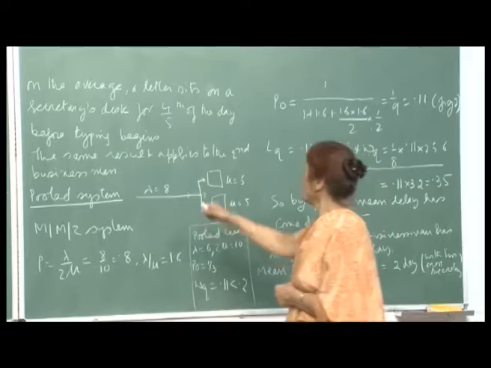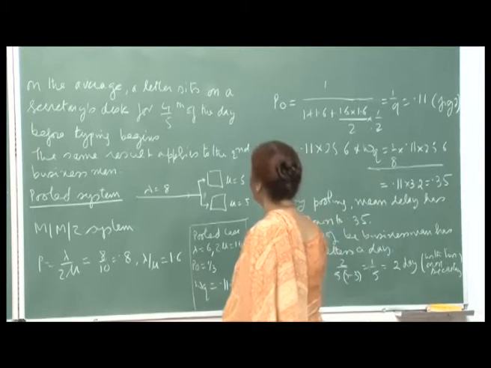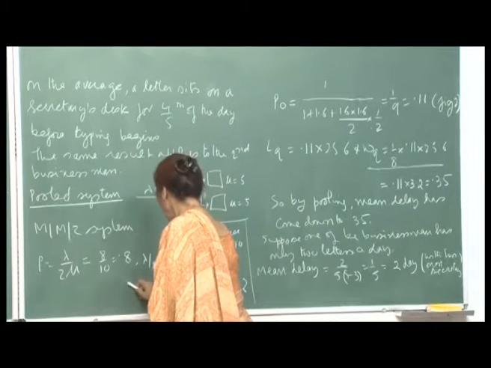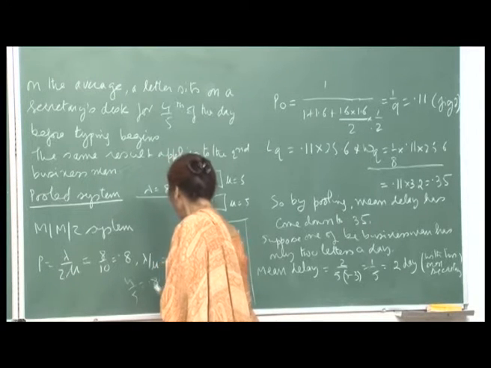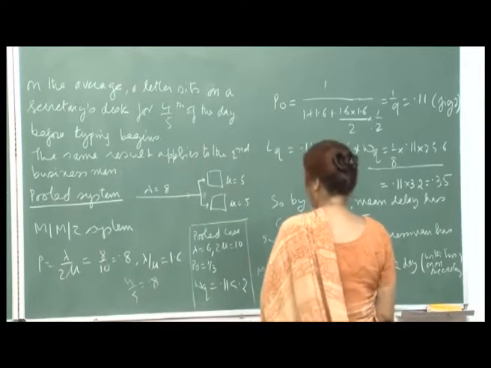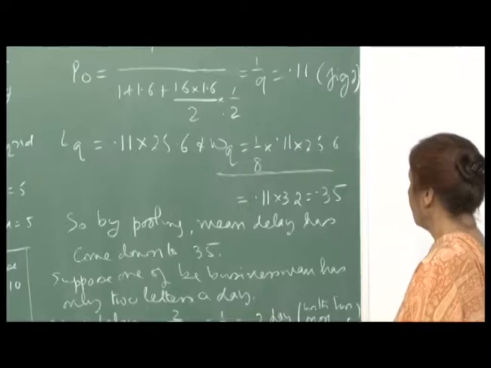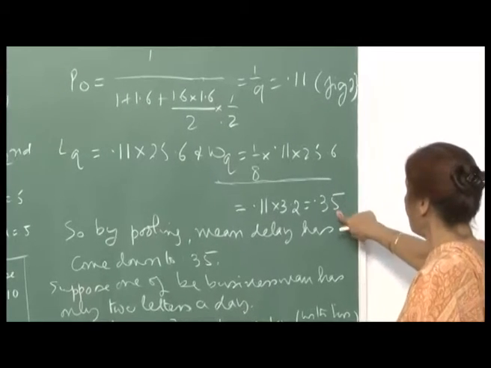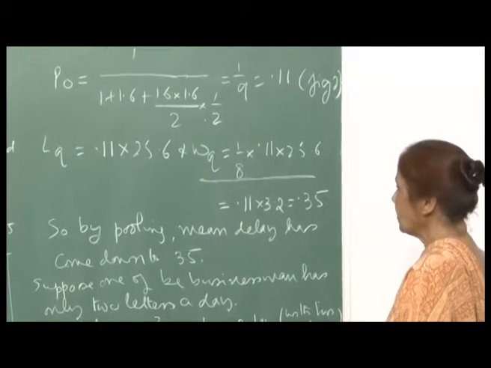So, by pooling, definitely your mean delay will come down.